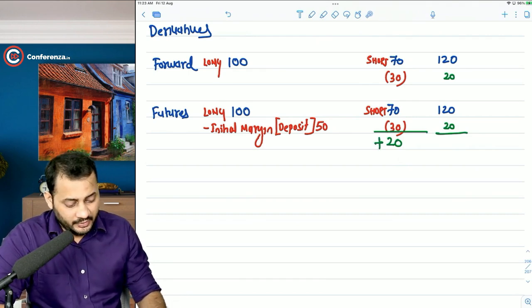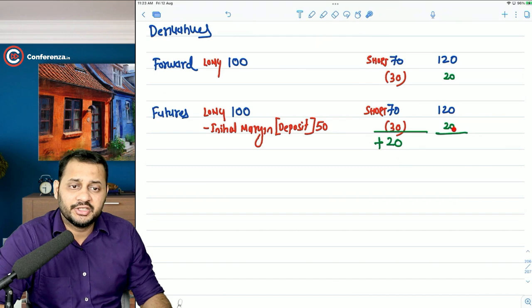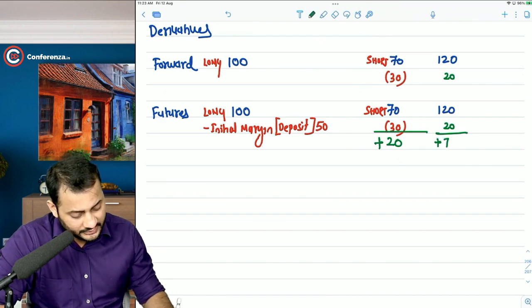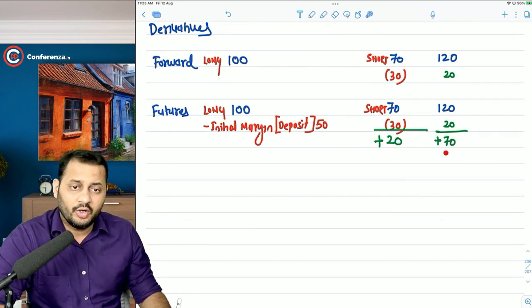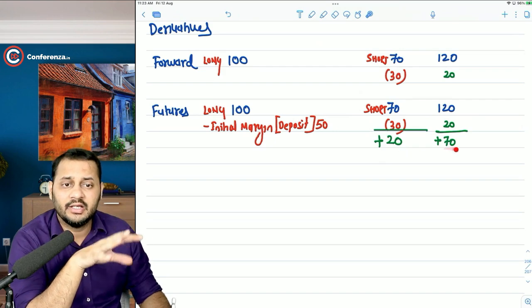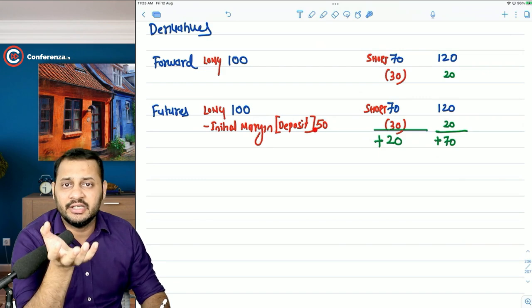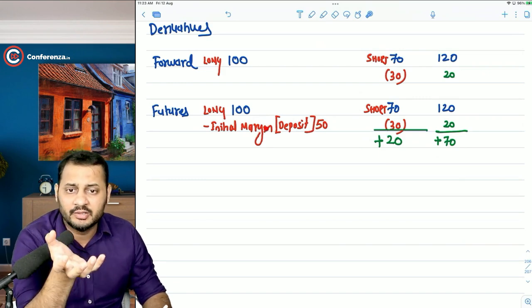Okay. But if the price goes to 120, the exchange will add this profit to your initial margin, 50 plus 20. It will give you 70 rupees as an inflow. So at the end, there will always be an inflow to you, which is nothing but the balance amount in the margin account.